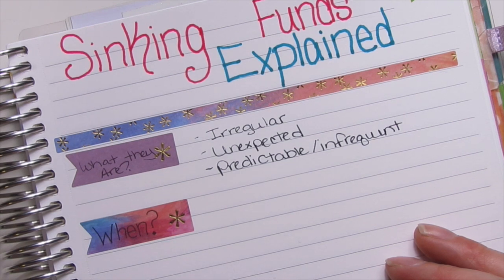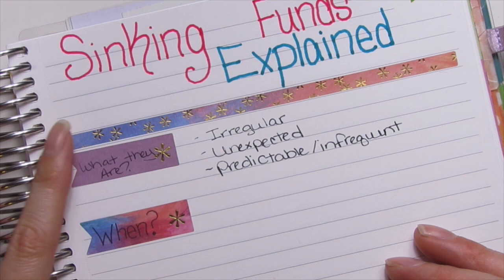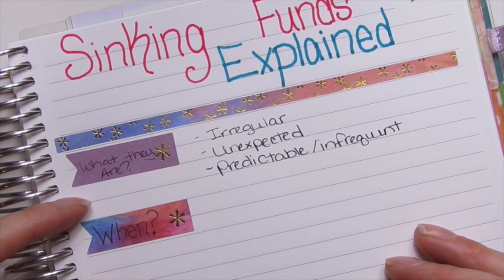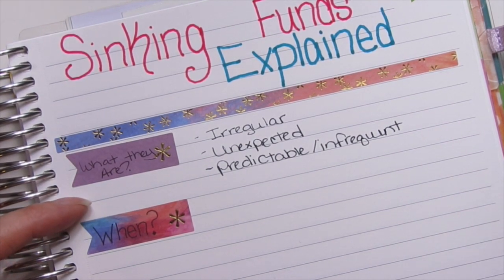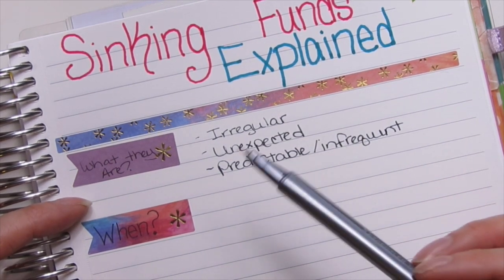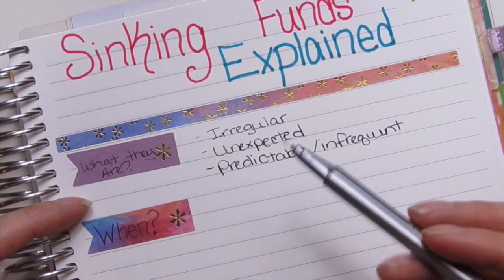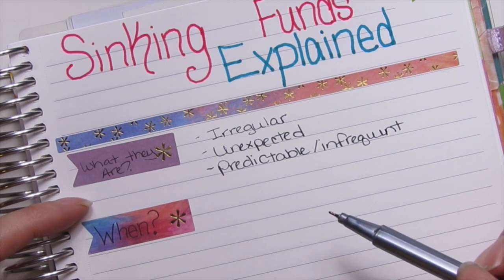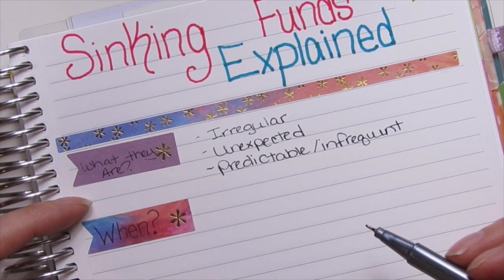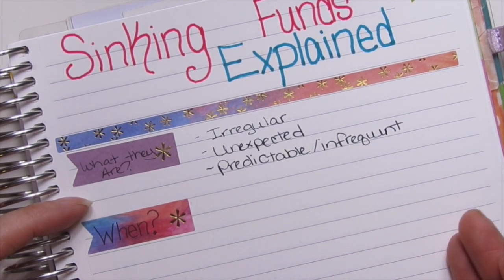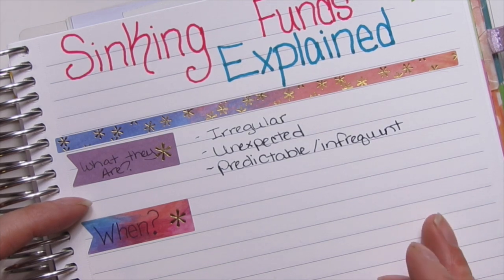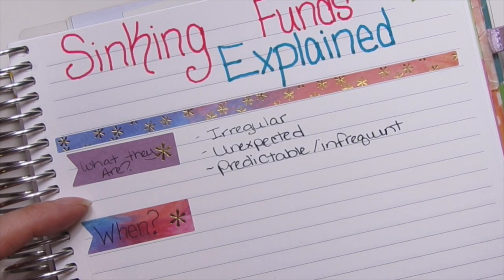Once you get more into budgeting and you get farther down the road and you have paid off a little bit of debt using the snowball method, then you will be able to free up some of your money to put towards sinking funds.